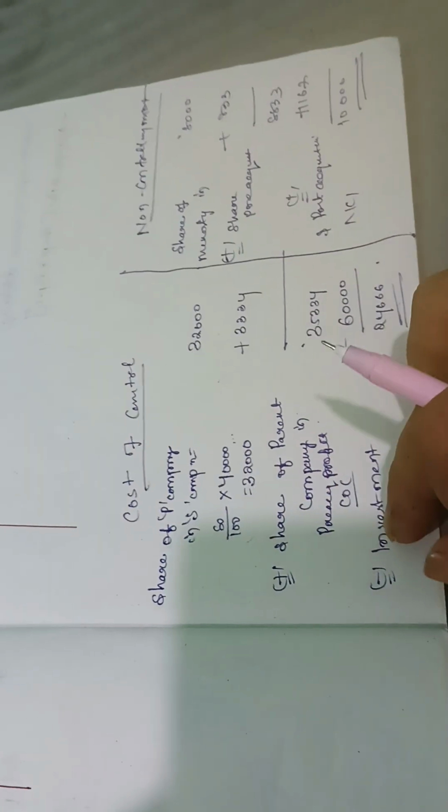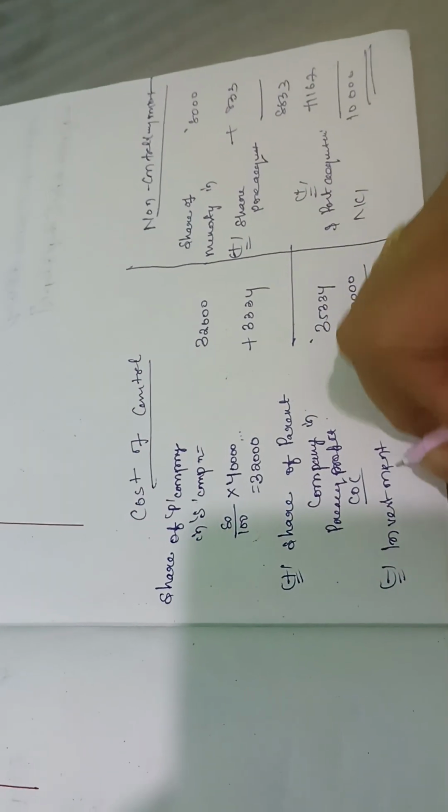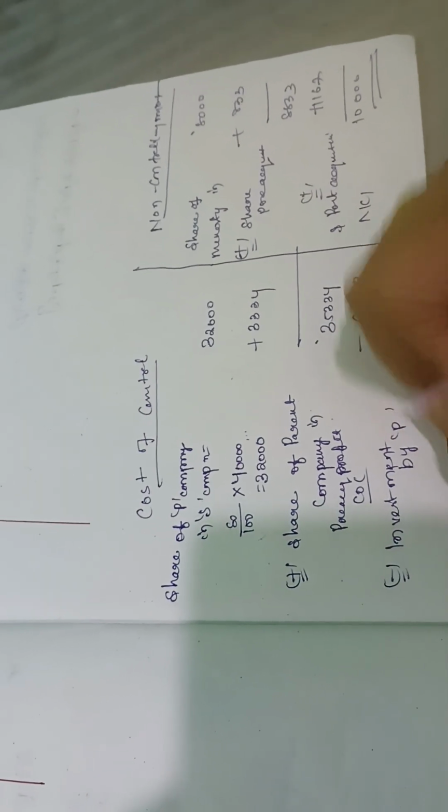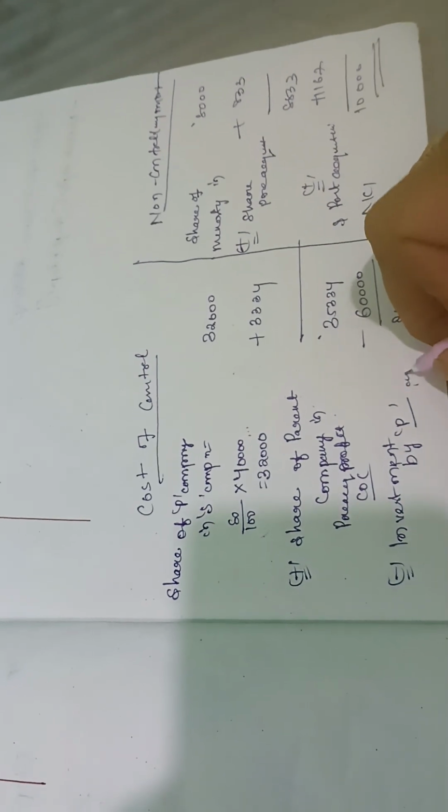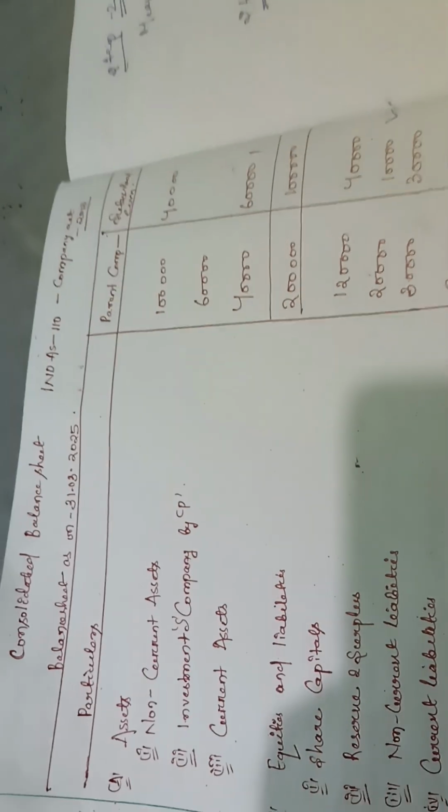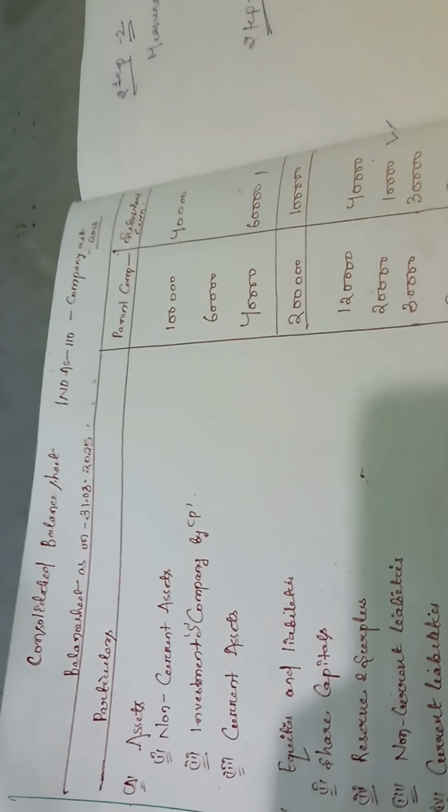Then we deduct the investment by P company in S company, wherever the investment is given.